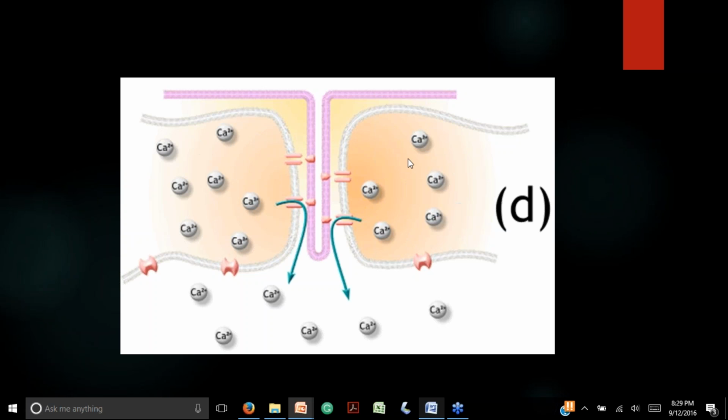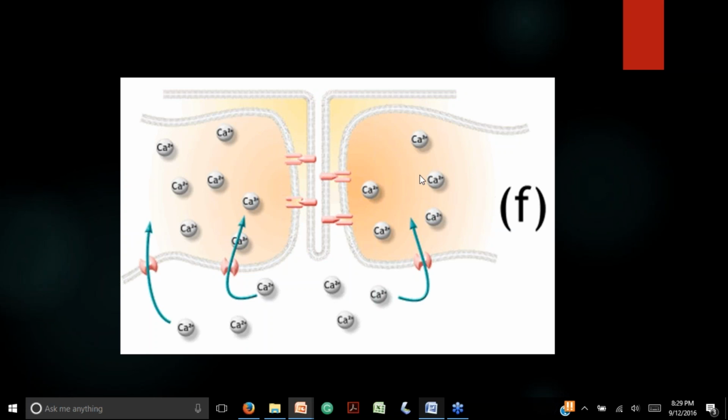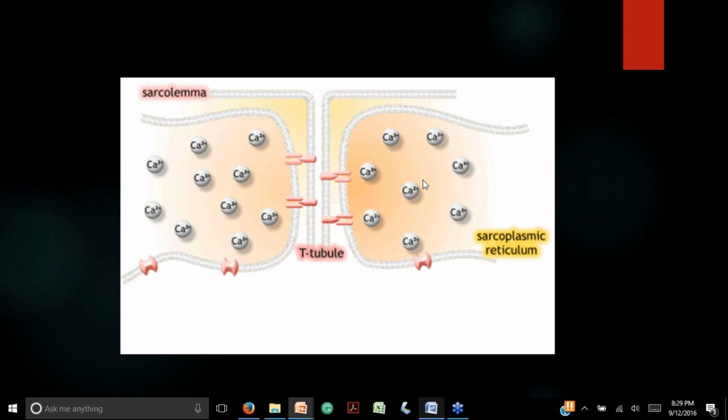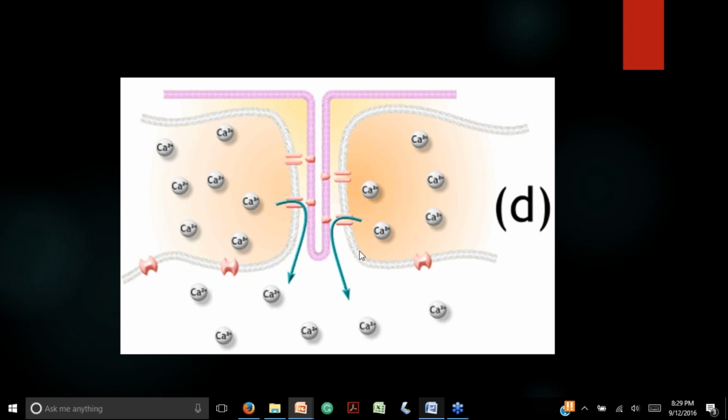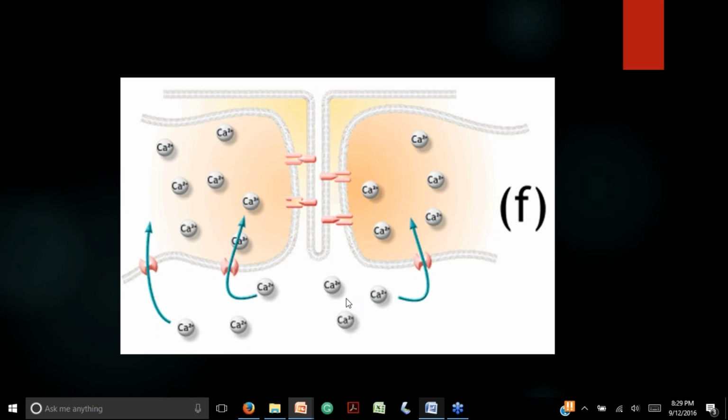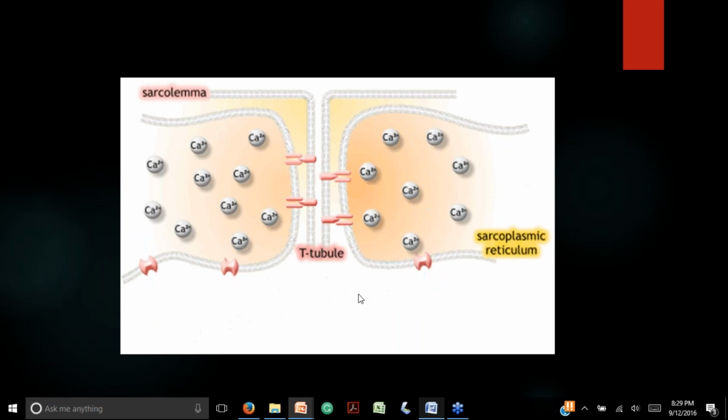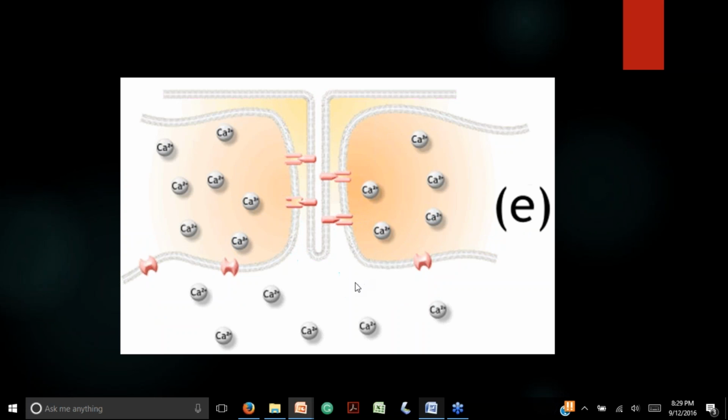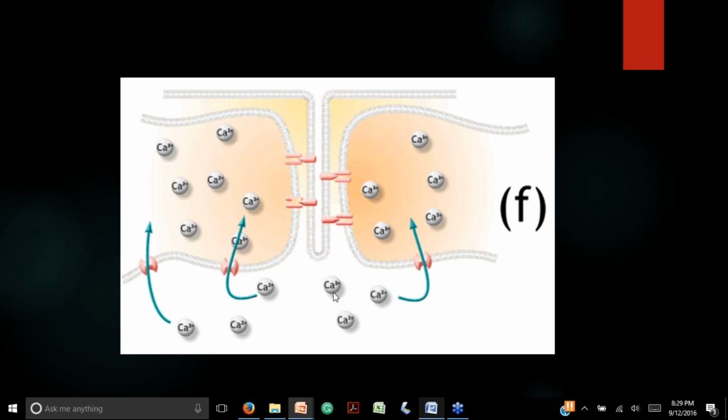So what we have here is a high concentration of calcium inside the sarcoplasmic reticulum, waiting until the muscle contraction is going to happen. Here is the cytoplasm, and here we are going to see the myosin and the actin. Myosin and actin need to have calcium in order to make that contraction.